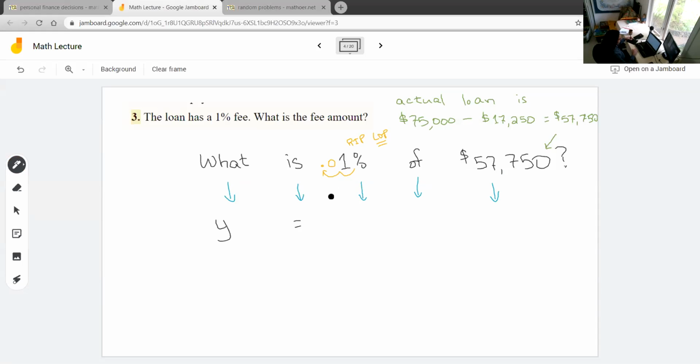Is becomes equals. We take our percent and we replop it. Of becomes multiply. A number stays a number. 0.01 times something is just going to be a two decimal point scoot this way. So we're getting $5,775.